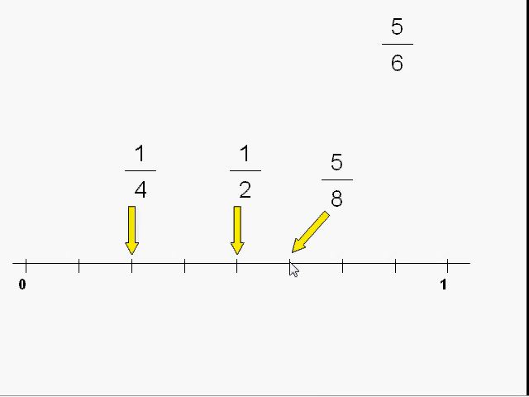Now our next fraction is 5/6. 5 parts out of 6. And we have a problem here, because I can place halves, I can place fourths, I can place eighths, but 6, there's no way that these tick marks divide the number line up into 6 parts. So I'm going to have to add some whole new tick marks to get an idea of where 5/6 is going to be.